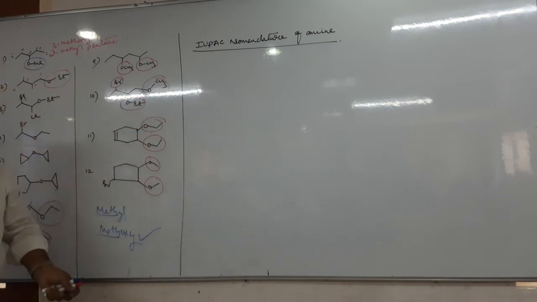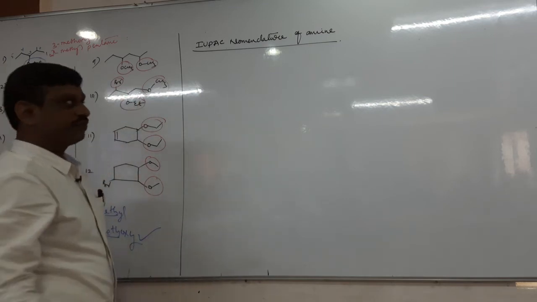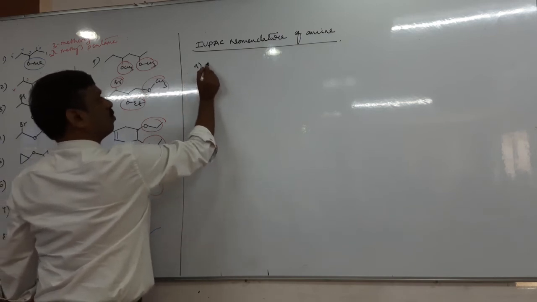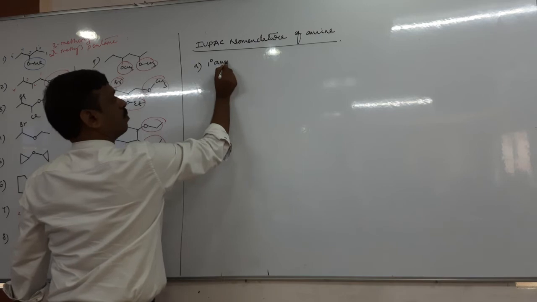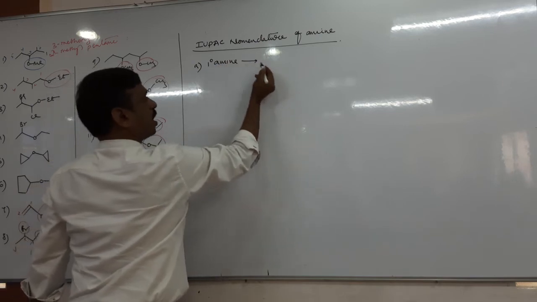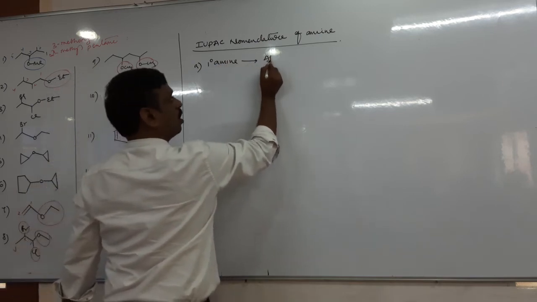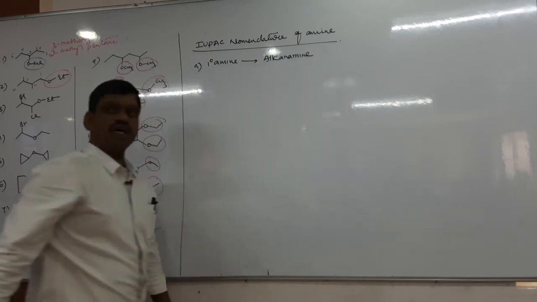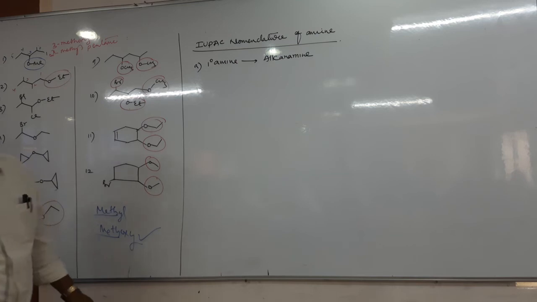So amine nomenclature, already we have completed the amine topic. So amines, there are 3 types. What are those? Primary amine. So what is the IUPAC name of primary amine? Alkanamine, like methanamine, ethanamine, propanamine.